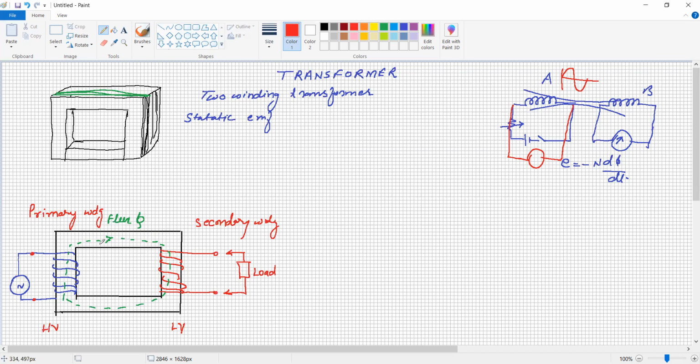of turns. Now first of all, we will see an ideal transformer, a two winding ideal transformer, and from this ideal transformer we will consider one by one and try to understand the working operation as well as the performance of a transformer with the help of some characteristics. So the first point for the ideal transformer.